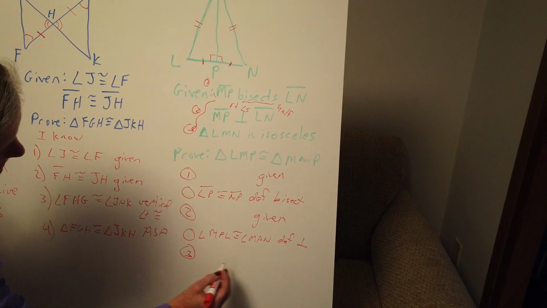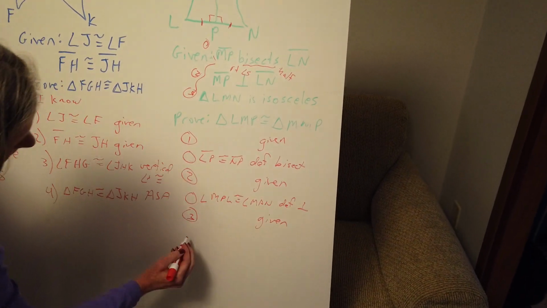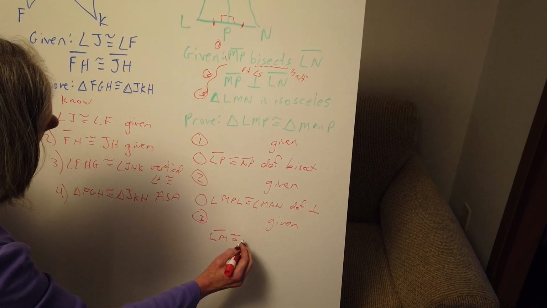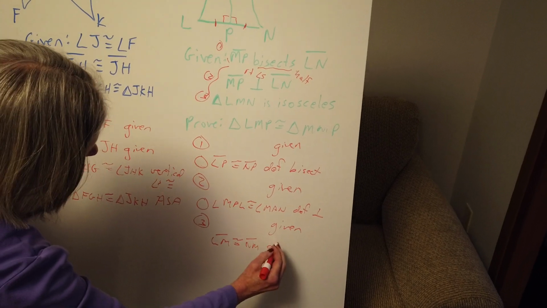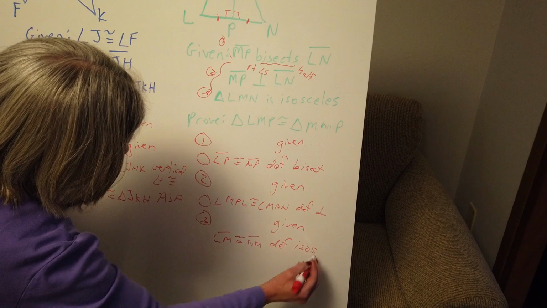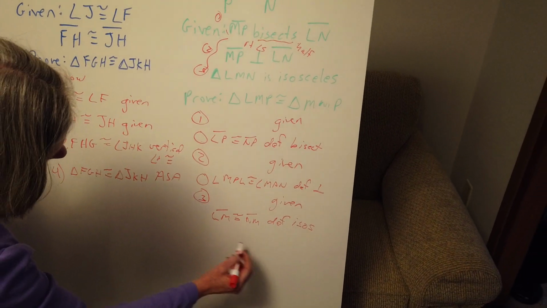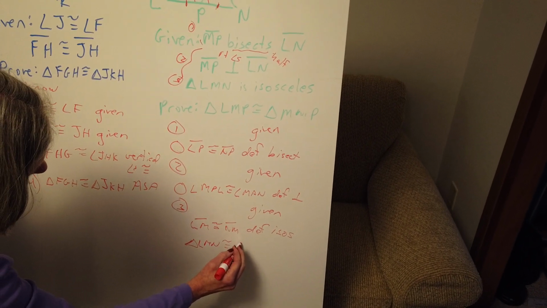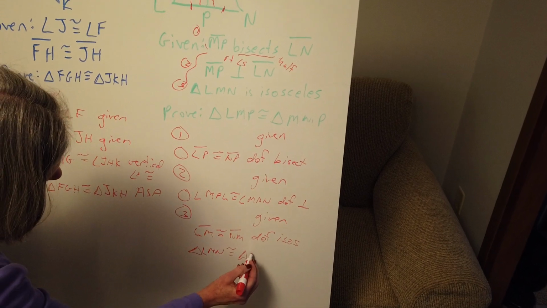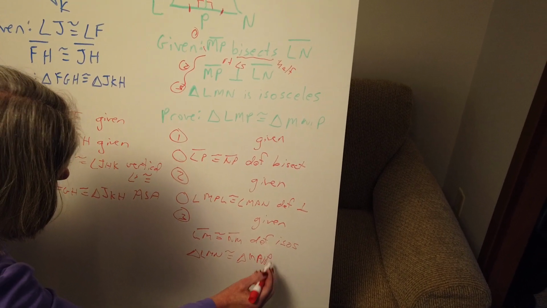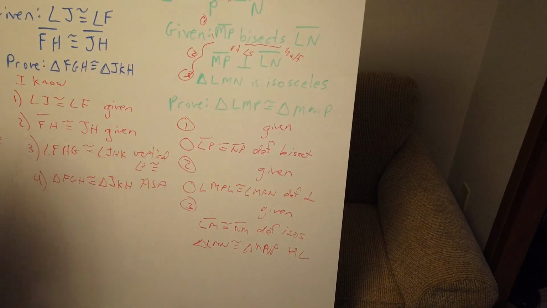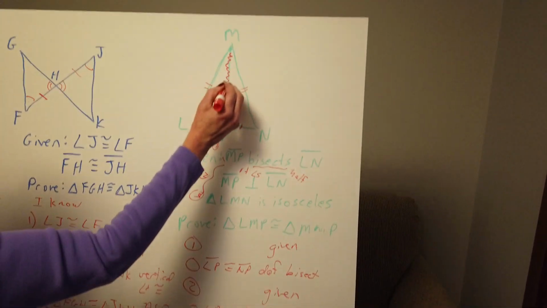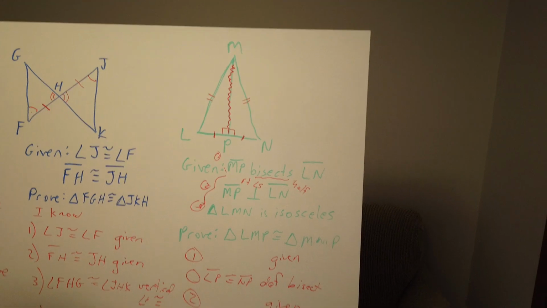And then my third statement about the isosceles, I can finish with saying that LM is congruent to NM by definition of isosceles, and I can finish by saying triangle LMN is congruent to triangle MNP by hypotenuse leg.